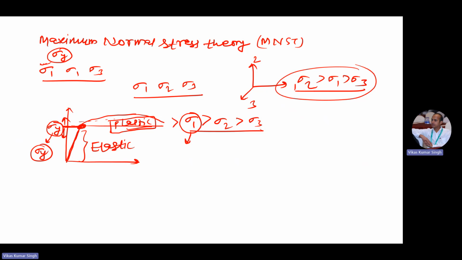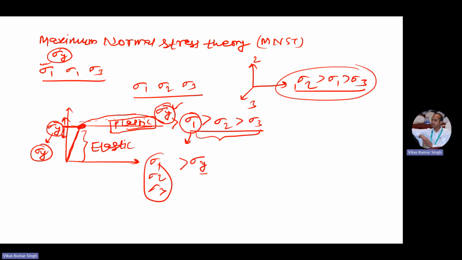If this value is less than sigma y, meaning all three are less than sigma y, the structure is safe. If any one of these three, sigma 1 or sigma 2 or sigma 3, is greater than sigma y, the structure is not safe. It's going to fail.